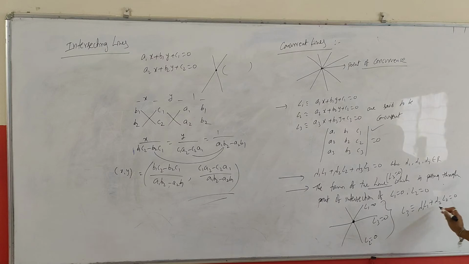In other words, if you divide this entire equation by lambda 1, we get L1 plus lambda 2 by lambda 1 into L2 is equal to 0. That means we can say L1 plus lambda L2 is equal to 0, where lambda is equal to lambda 2 by lambda 1.